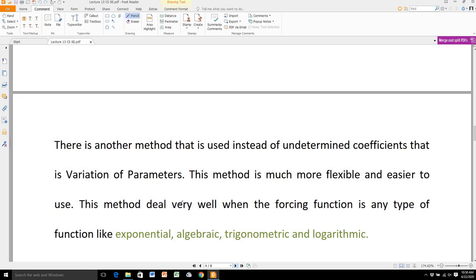It deals very well when the forcing function is any type of function: exponential, algebraic, trigonometric and logarithmic. In the undetermined coefficients method, you cannot use a logarithmic function as a forcing function, and for trigonometric functions you use only sine and cosine. Remember this. But here we can use any trigonometric function: sine, cosine, secant, cosecant, tangent, cot.